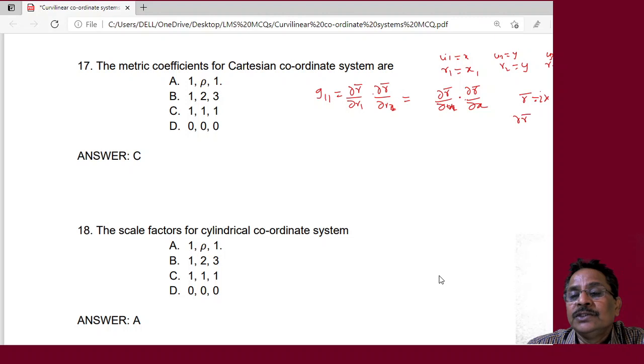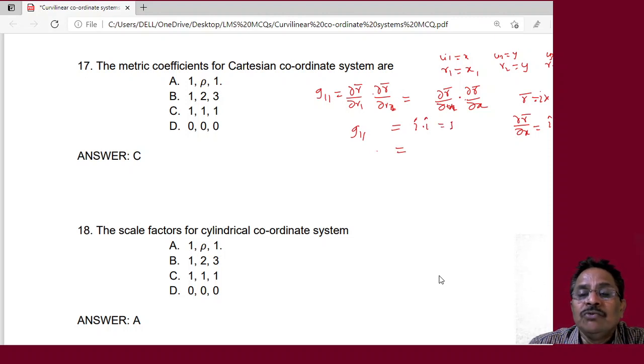Its differentiation with respect to the first, that is x, is simply i cap. Similarly, the differentials of the other two terms with respect to x are 0 and 0. Therefore g11 is i cap dot i cap, which is equal to 1. So I got g11 equal to simply 1.